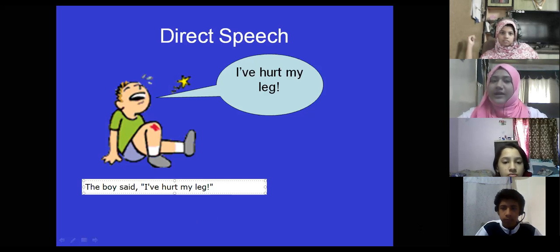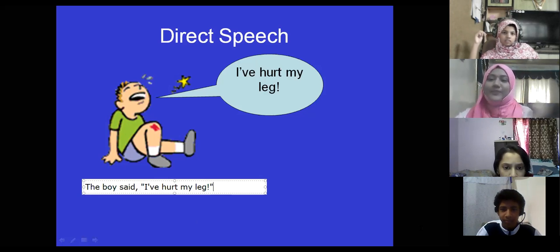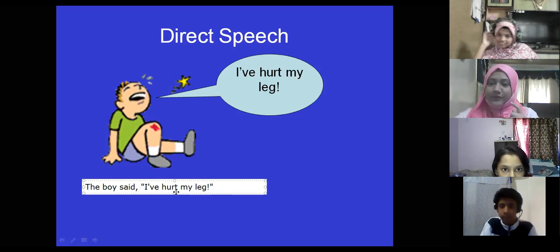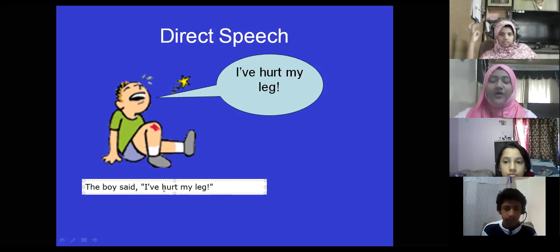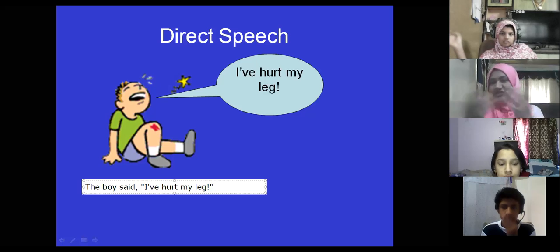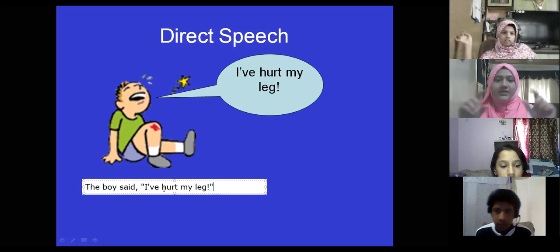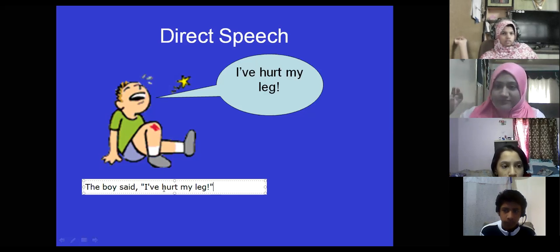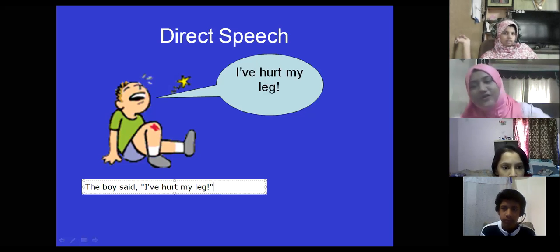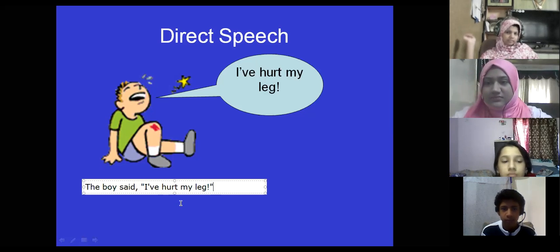Any other way you can write it in direct speech? You guys think any other way? The boy said that. No, the boy said that will come in the indirect speech. Or you could write, the structure changes a little bit, I've hurt my leg, said the boy. Even if you write it that way, it is direct speech.